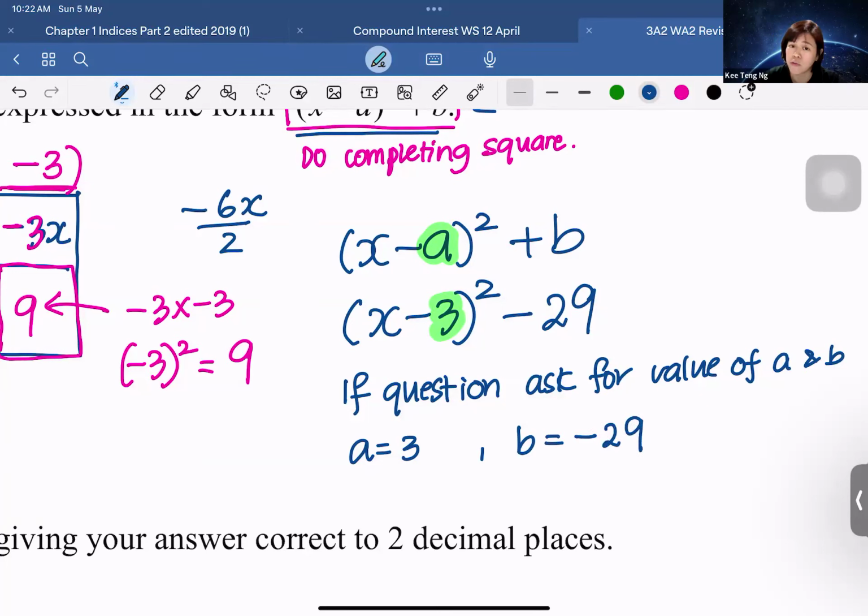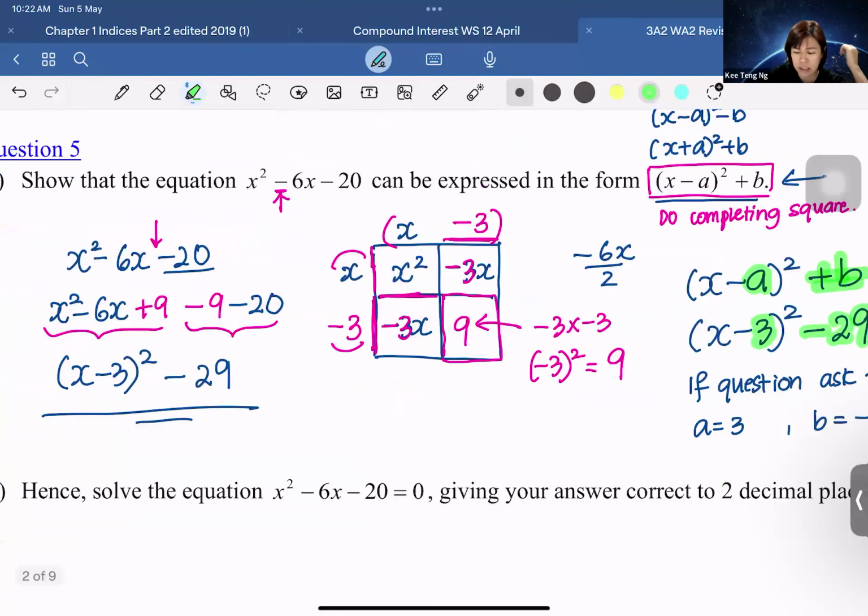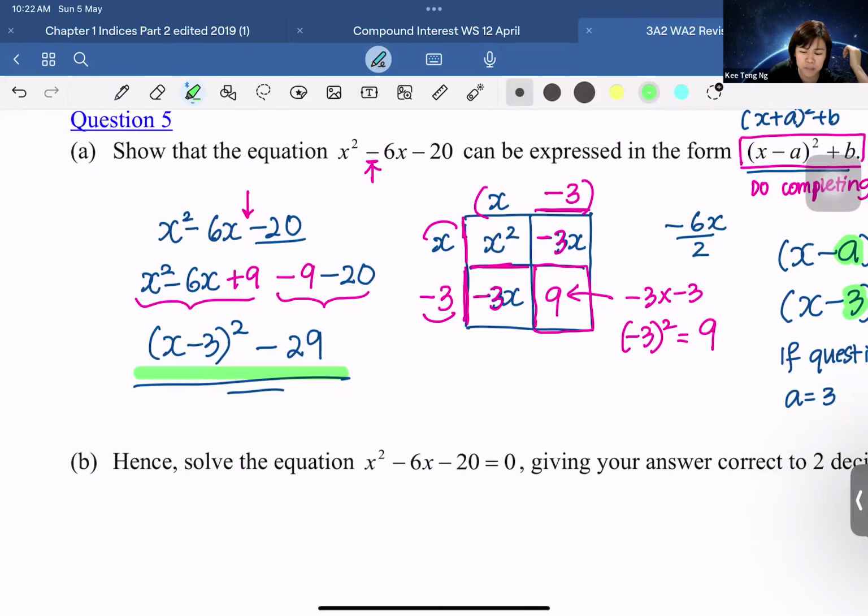So certain types of question may ask you what's the value of A and what's the value of B, then you need to compare it this way. So plus B equals negative 29. Then compare the numbers and write down the individual numbers. But if not, if the question simply says it can be expressed in this form, we'll just write this as our answer.